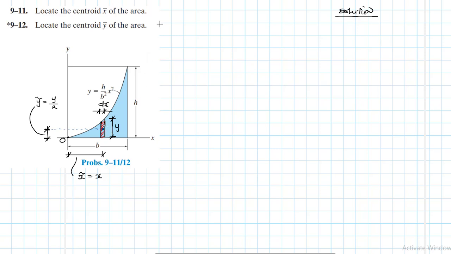This particular small strip will have its own small area dA. Think of this strip as a very small rectangle with a height of y and a thickness of dx, so dA is equal to y dx.